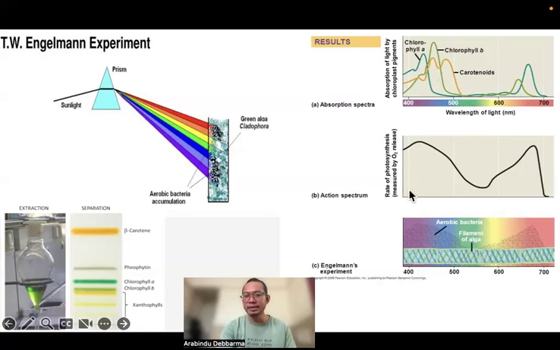And in the blue region, you can see the rate of photosynthesis is higher, which coincides with that of chlorophyll A, around 430 to 450 nanometer. On the other side, we can also see a higher rate of photosynthesis, which again coincides with chlorophyll A, around 680 nanometer.